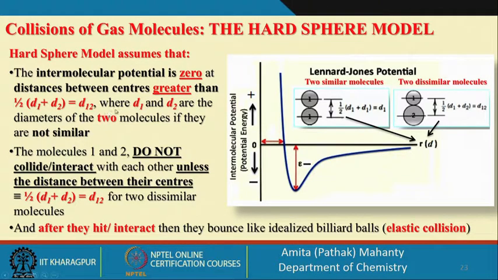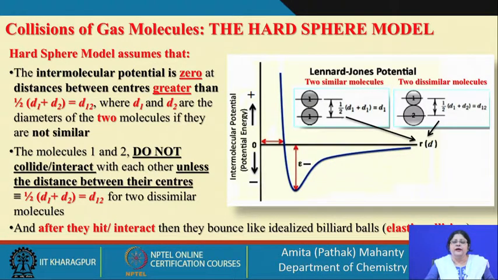So, at a distance greater than this, when the separation between the two nuclei is greater than the value of half of d1 plus d2, or d1 for similar molecules, they do not collide. When it is equal, they will collide. They do not collide unless the distances are at the nearest approach distance, the diameter separation between the two similar molecules, or half the sum of the diameters as the separation of the two nuclei of the two dissimilar molecules.